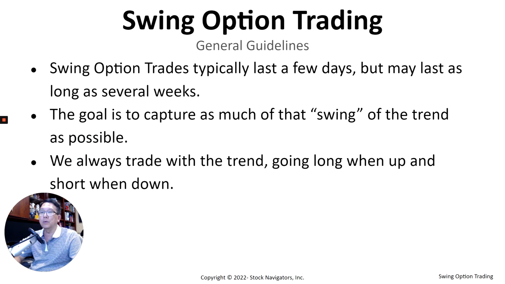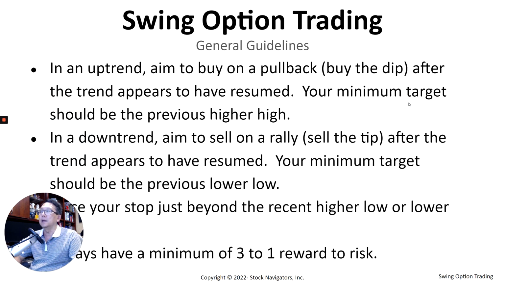We go long when it's in an uptrend, and we go short when it's in a downtrend. In an uptrend, usually we aim to buy on the pullback. It means that we buy the dip after the trend appears to resume the uptrend. So the minimum target should be the previous higher high.